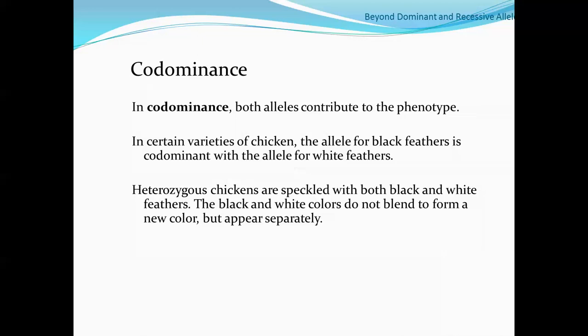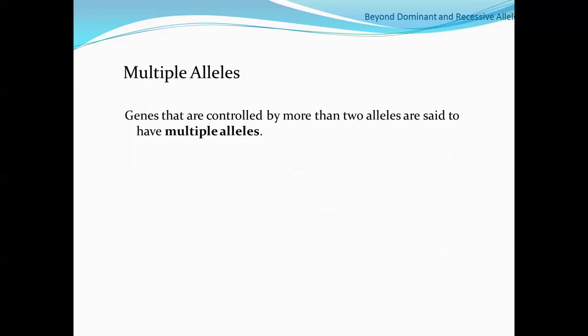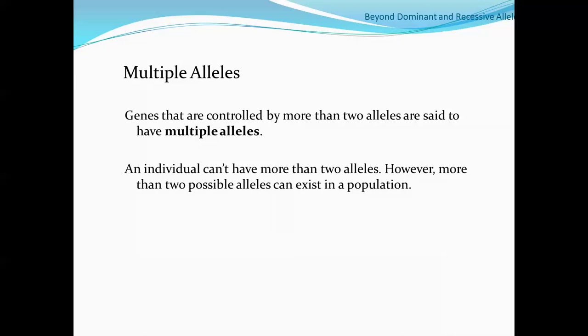So that's codominance. Our next example is called multiple alleles, and genes that are controlled by more than two alleles are said to have multiple alleles. Kind of self-explanatory in its name. A rule about this is that an individual can't have more than two alleles, so we're always going to have two alleles controlling one trait.